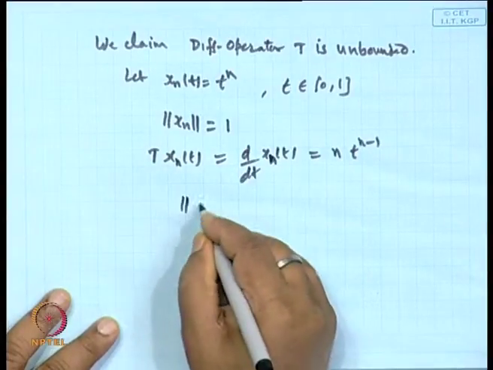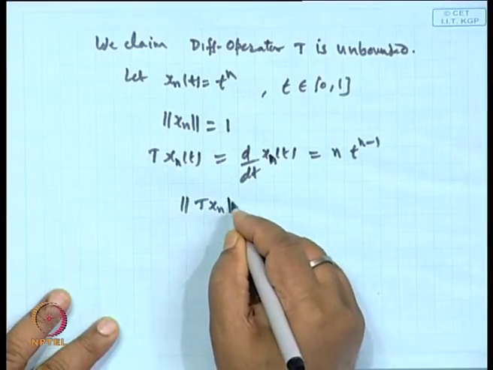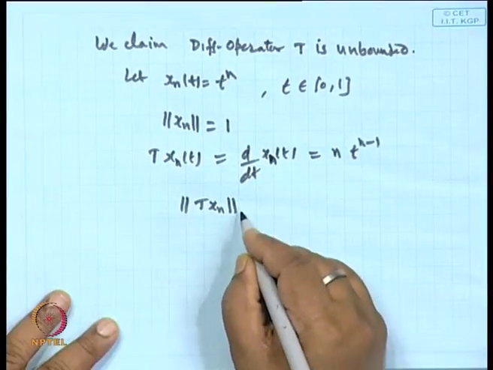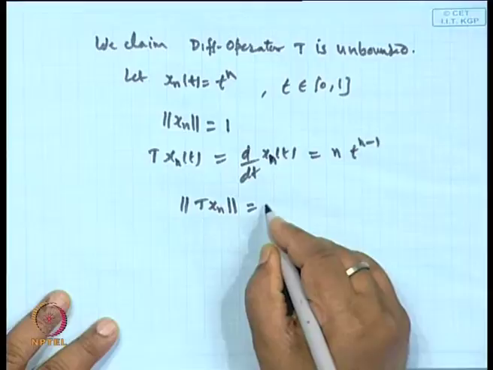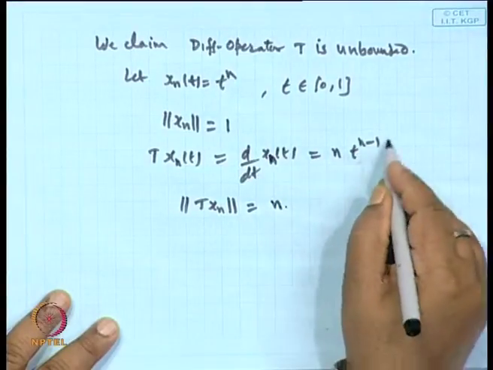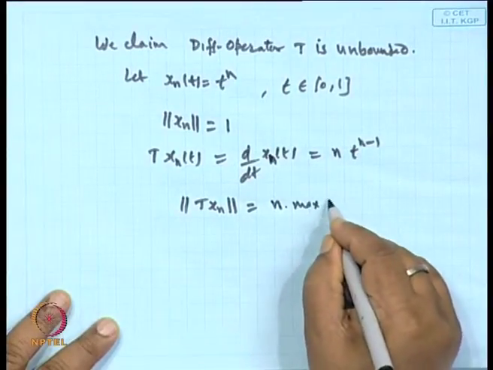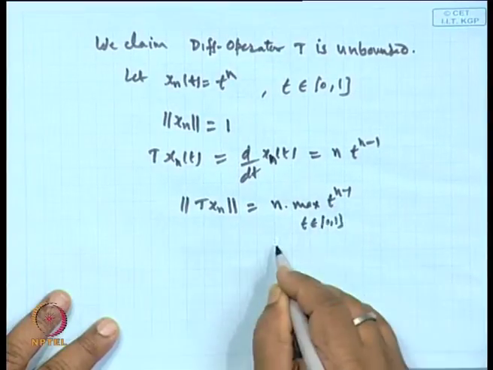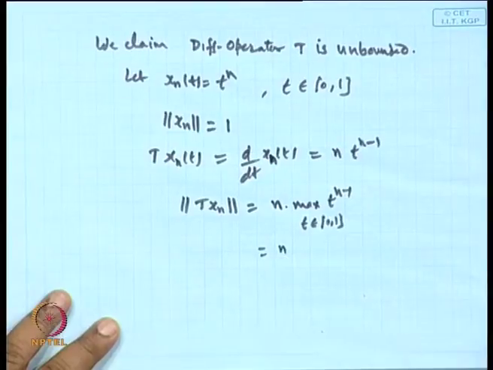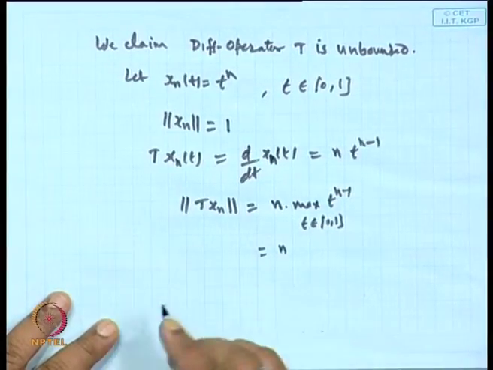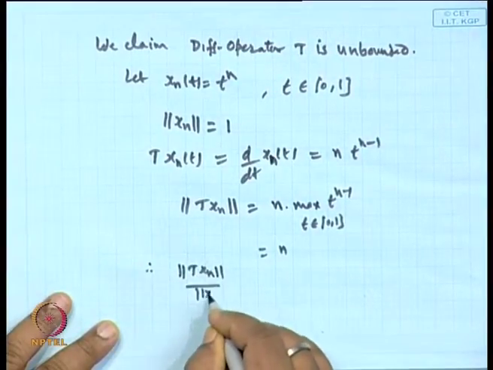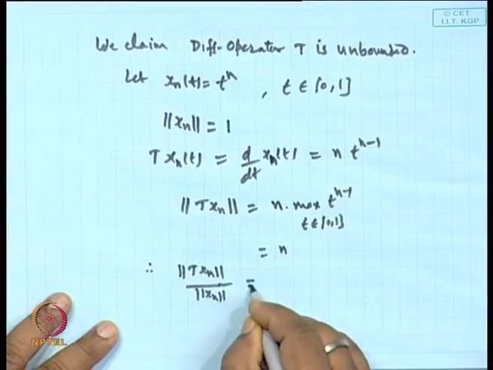The norm of Tx_n is the maximum of this, so it is n times the maximum value of t to the power n minus 1 for t in [0, 1], and that is nothing but n. So the norm of Tx_n divided by the norm of x_n comes out to be n.